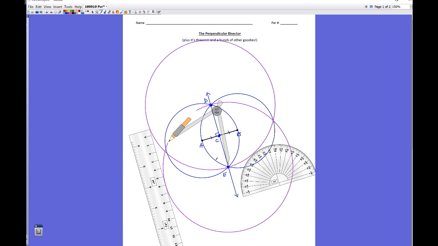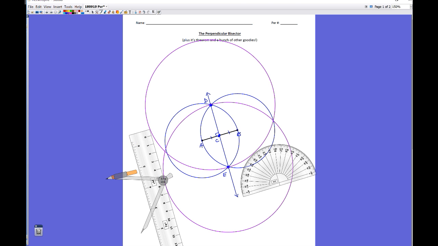So I have these two large intersecting circles here. And you'll notice that our first circles also intersect with these larger circles as well, and so we want to label up some of this information.